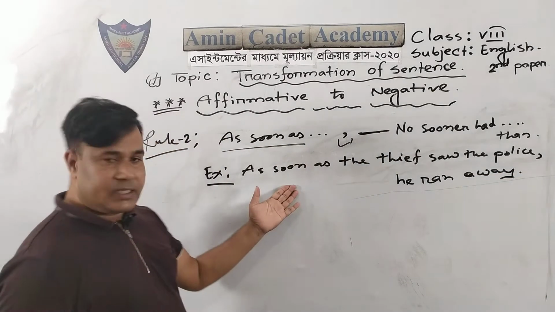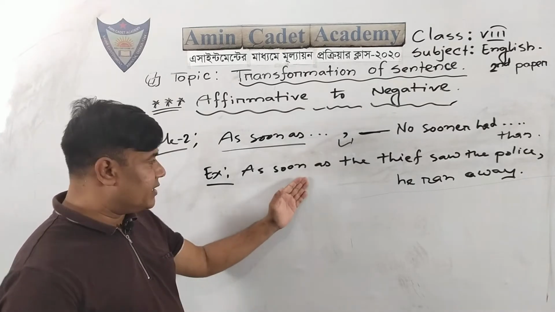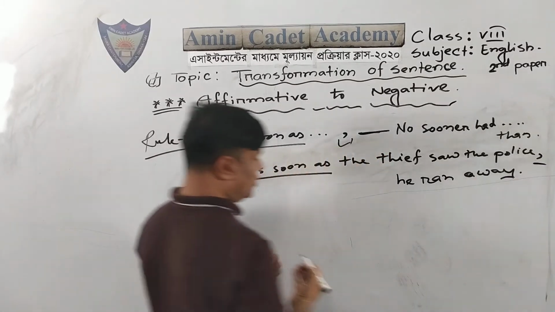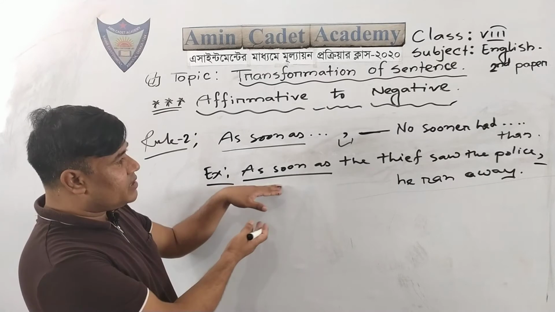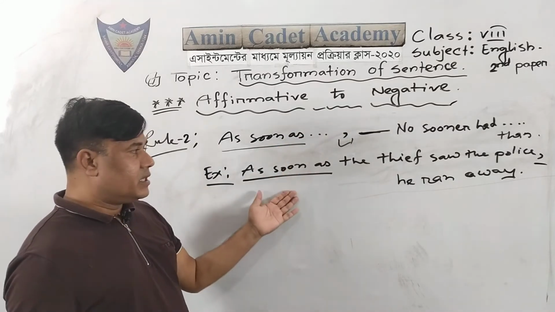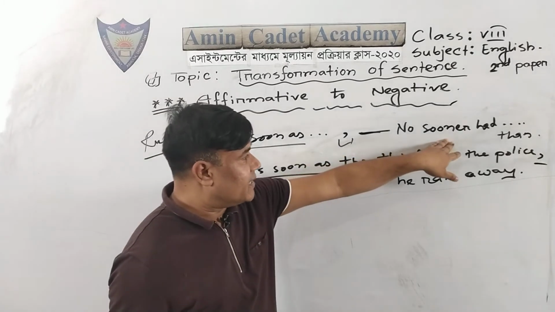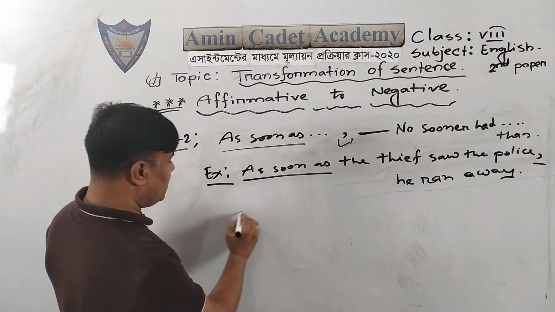Here, this is an affirmative sentence, and this affirmative sentence carries as soon as and comma. So, if we want to transform this affirmative sentence into a negative sentence, then we should use no sooner had instead of as soon as.